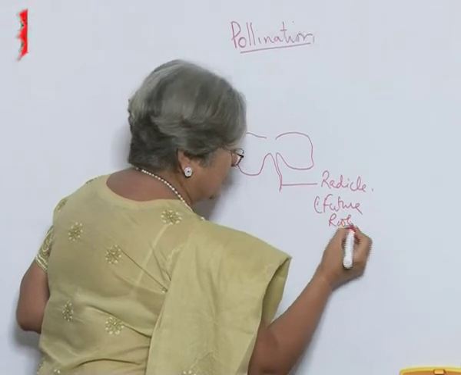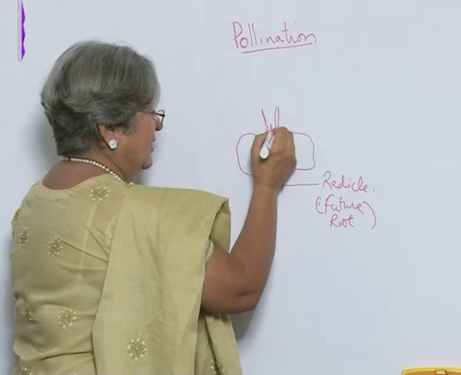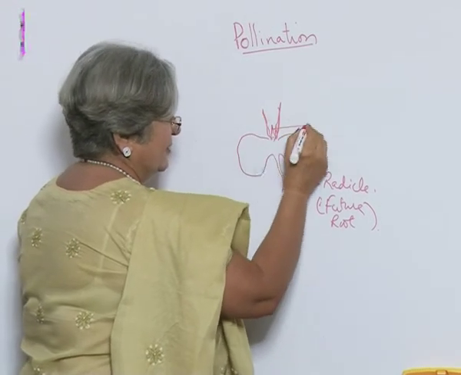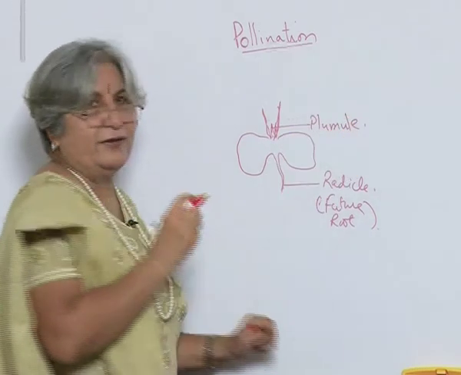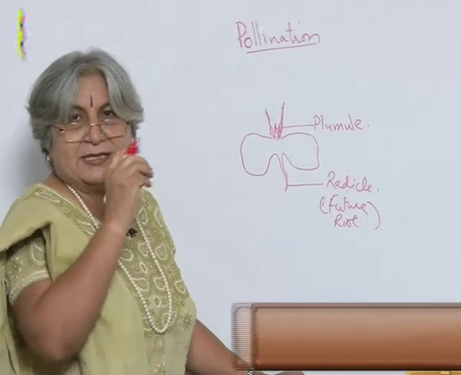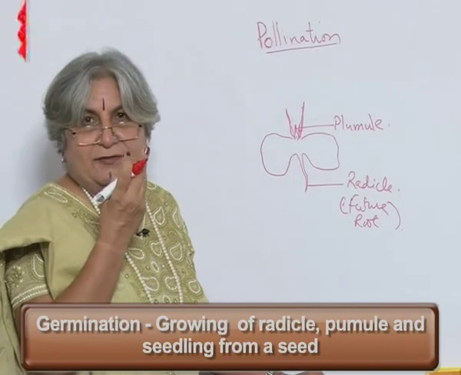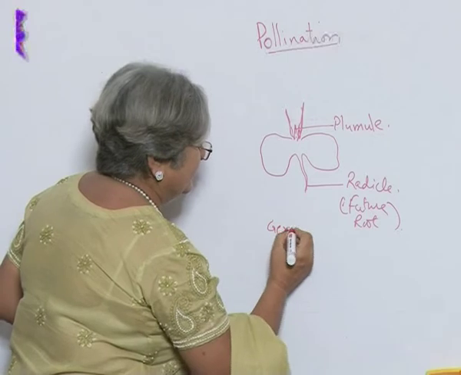Another thread-like structure grows towards the light, and this is plumule, and this is the future stem. So, this growing of radicle and plumule, and finally a seedling from a seed is called germination of seeds.